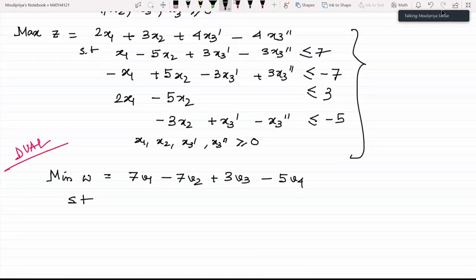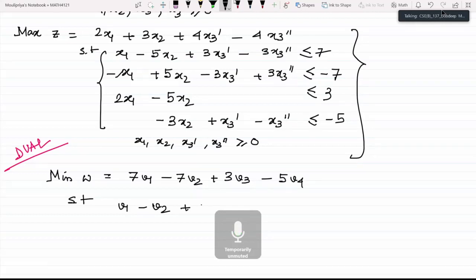Subject to. We are going to go column wise, the coefficients of x1. So it would be v1 minus v2 plus 2v3, very good. Second term, the coefficients of x2 column wise.